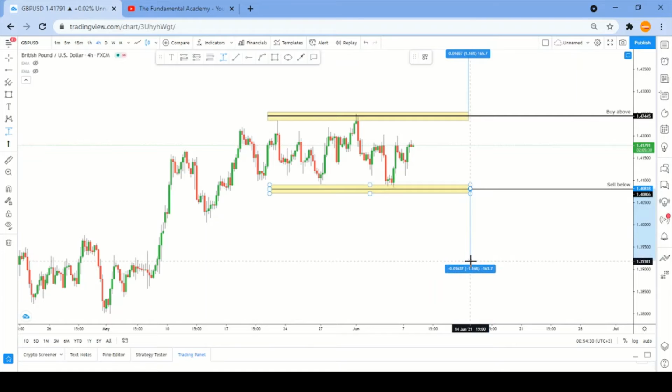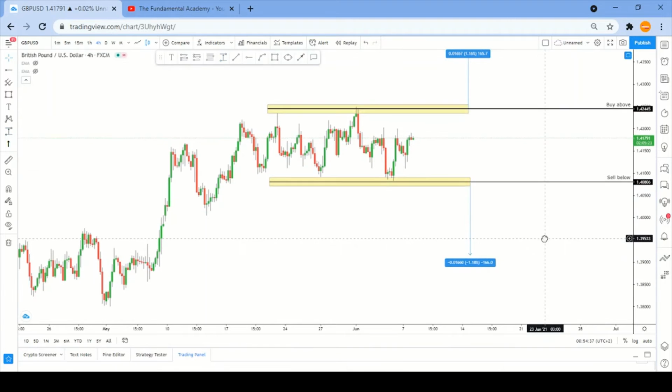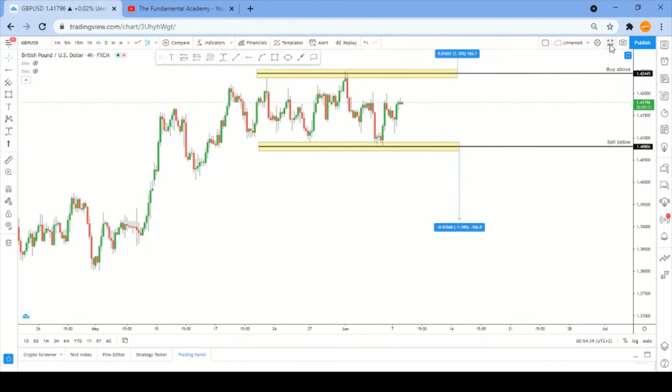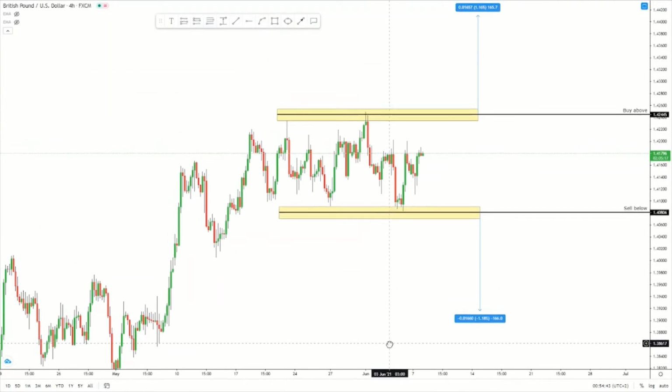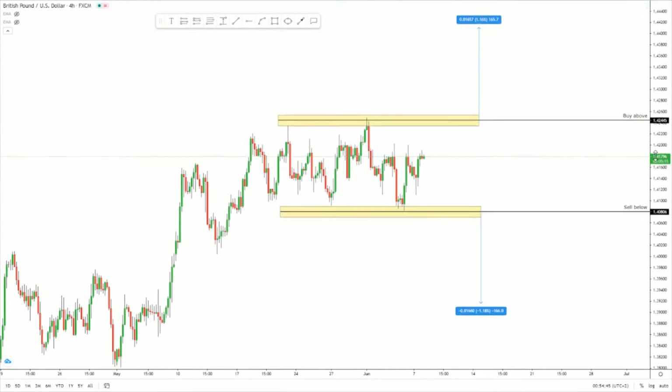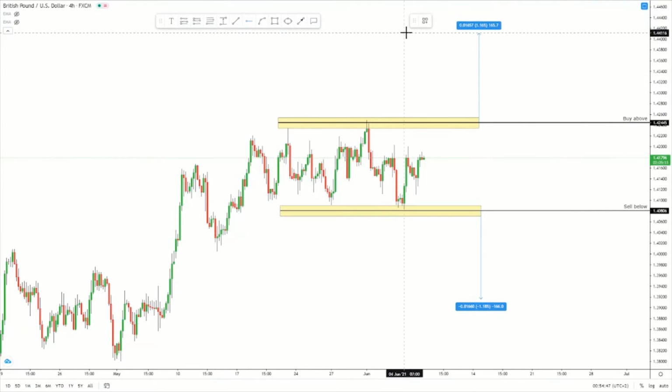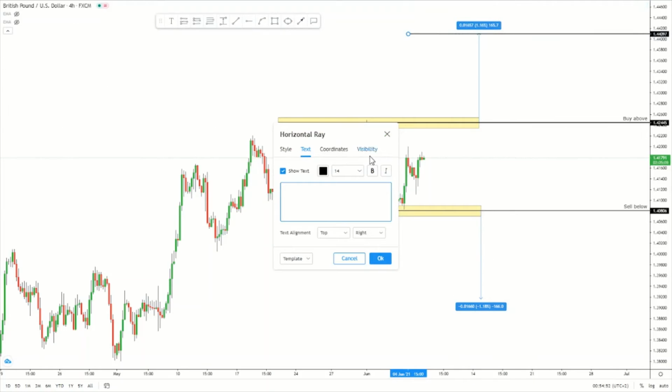So that's 165 pips. I'm just going to mark the same amount on the sell. That looks about it. Just go to a bigger view, so my chart's a bit lower. So approximately that would be my buyer's target.